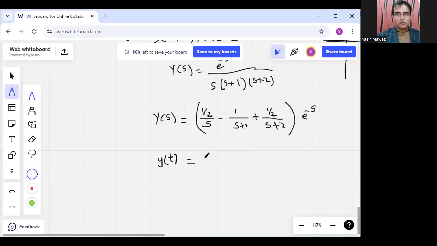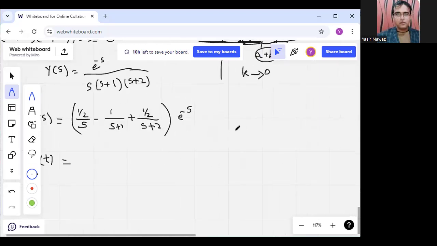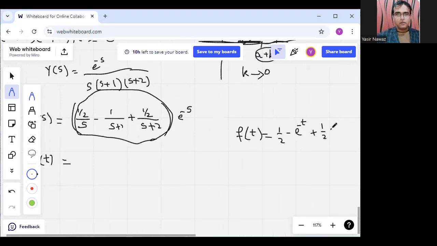What is f of t? f of t is the Laplace inverse of this thing, and the Laplace inverse of this would be 1 over 2 minus e power minus t plus 1 over 2 e power minus 2t.